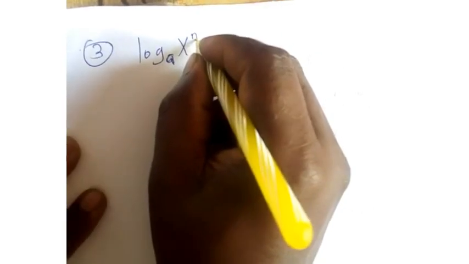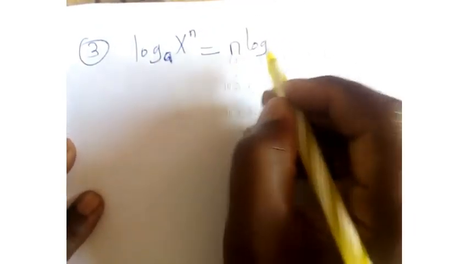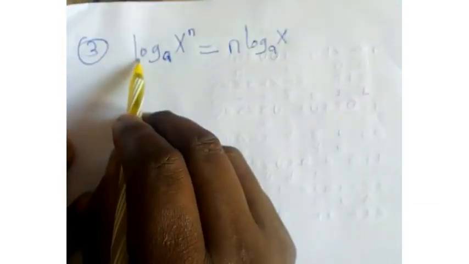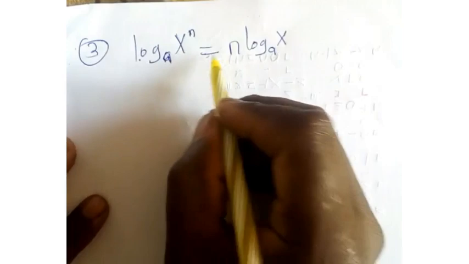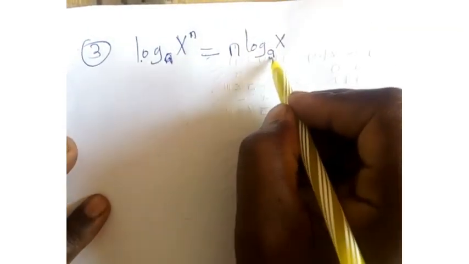Log a is the base, x raised to power n is equal to, now this power here, we have n log base a of x. So I'm saying that the log to base a of x raised to power n will be the same as n log x to base a.